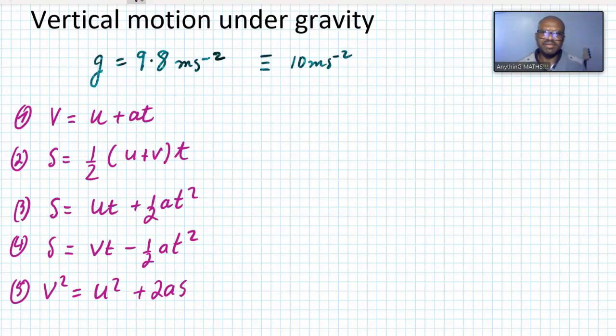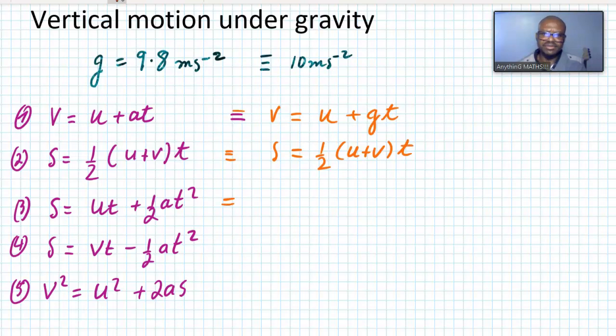So under this motion, under gravity, there are a few adjustments we can make. It's quite clear that g is constant. So the first equation becomes v equals u plus gt. The second equation will not change because there's no a in it.